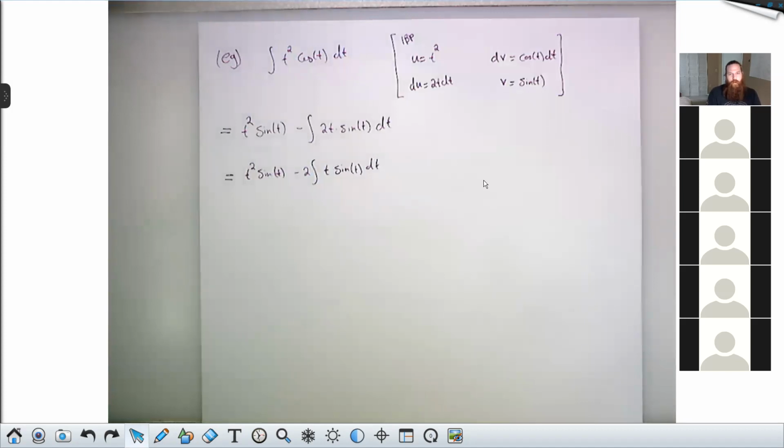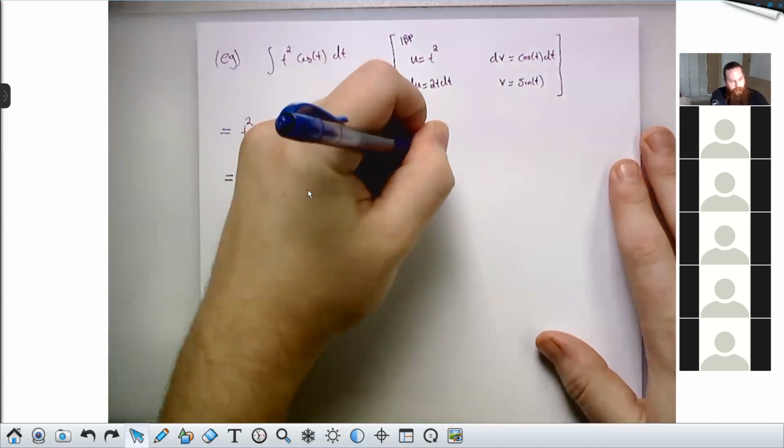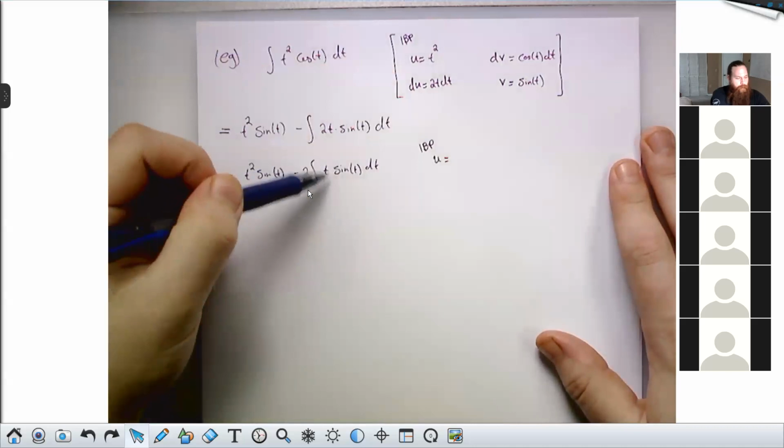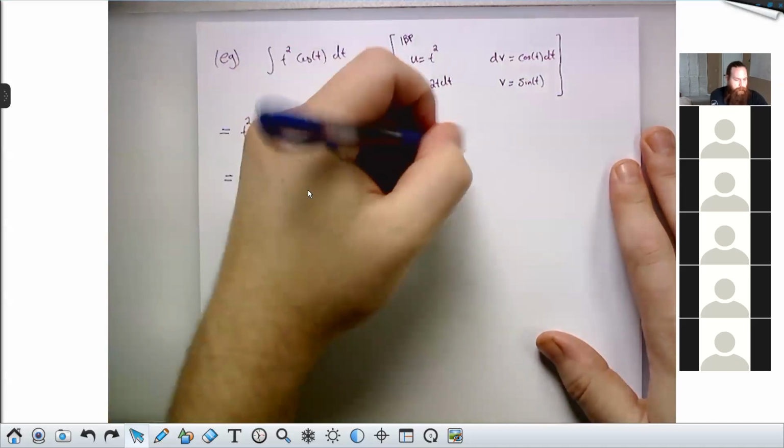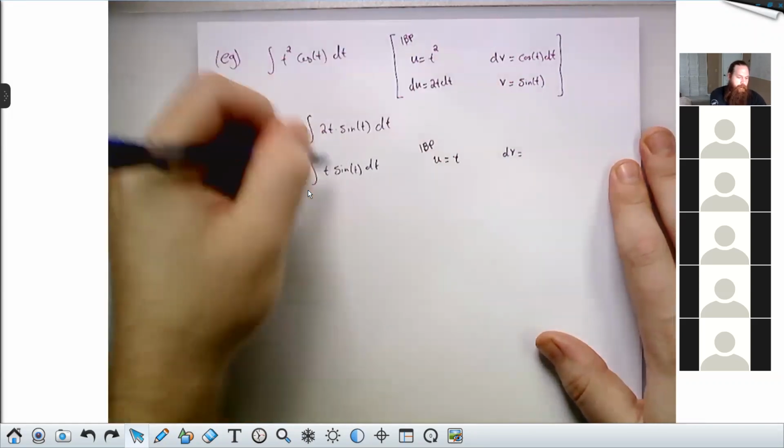So if I do this again, this guy will go away, and I'll just have the integral of maybe sine or cosine. So we need to run integration by parts again on this. Again, following my LIPET rule, I'll pick u to be the polynomial piece and dv to be everything else.